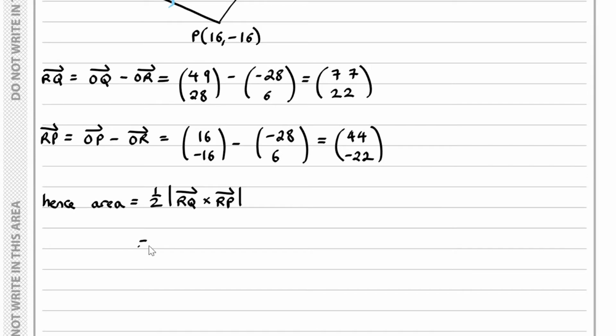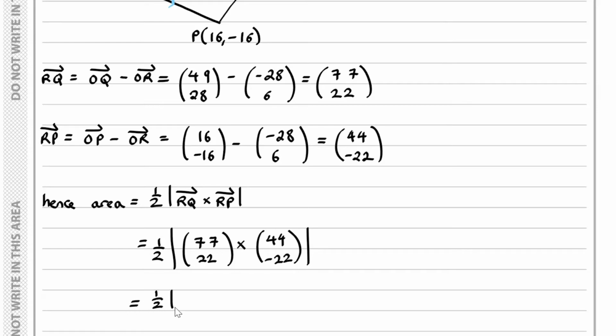So we have 1/2 times the magnitude of 77, 22 multiplied by 44, minus 22, and we can work this out using our calculator.